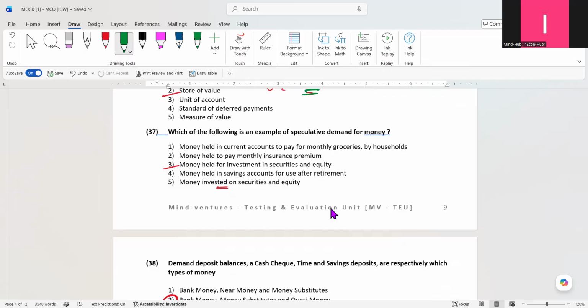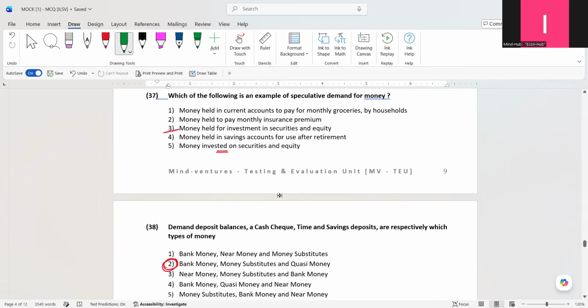So that's called speculative demand. It comes from the store of value function of money. So here the correct answer would be number 3, money held for investment in securities and equity. Basically, investment is the purpose there.